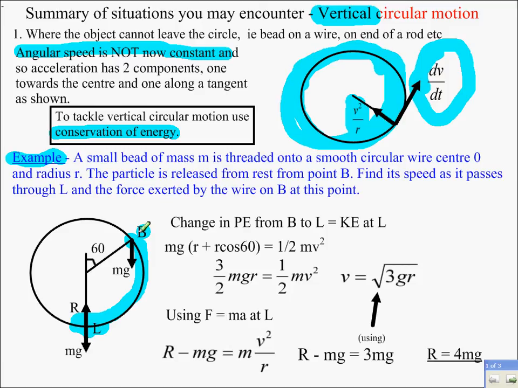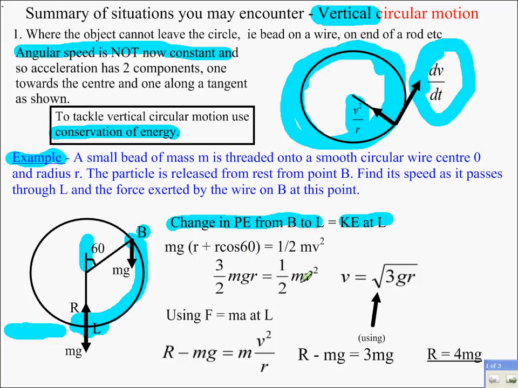you're releasing it from rest. So the energy there is potential. So you've got the potential energy from B down to L all going into kinetic energy at L. If you take this as a zero potential energy level, the change in potential energy from B to L is the kinetic energy at L. So work out the height, which is obviously the radius here, and this distance of height here is 60 cos r, the radius, and that equals half mv squared.